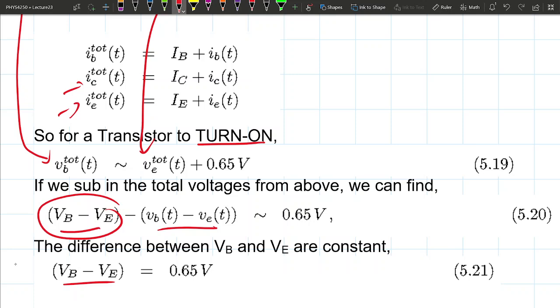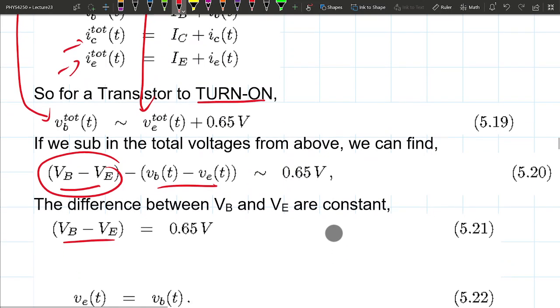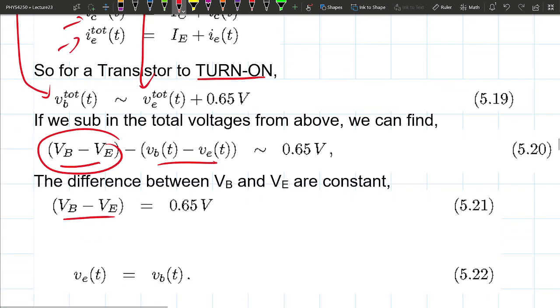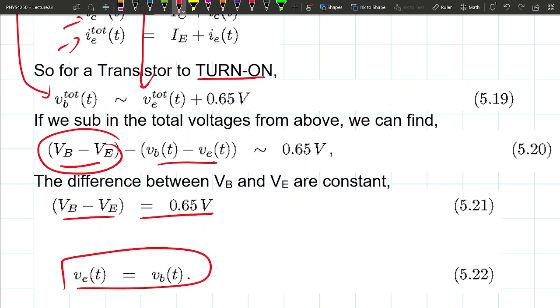We're going to see this effect in a little bit when we analyze how the voltages could change when we want to measure the voltage at the base compared to the voltage at the emitter. So with this criterion, the statement is that whatever the time-dependent part of the voltage at the base is going to be exactly the same as the time-dependent part of the voltage at the emitter.